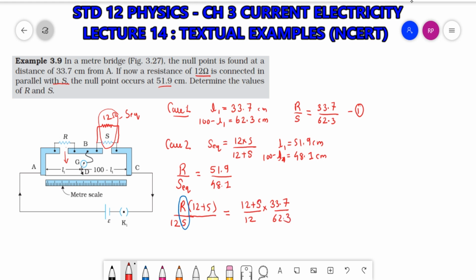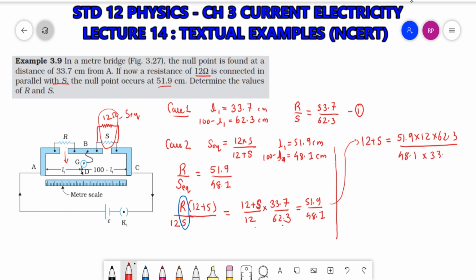Remember, this is S. Now that is equal to 51.9 upon 48.1. So carrying it forward, 12 plus S will be equal to 51.9 into 12 into 62.3 upon 48.1 into 33.7. This is added, so let me write it in bracket.